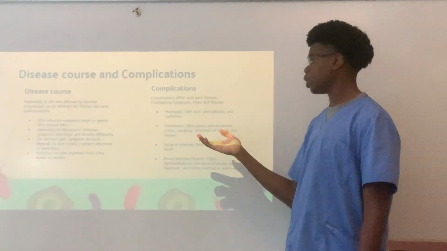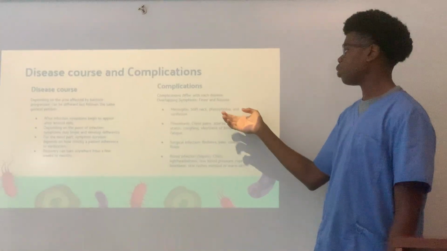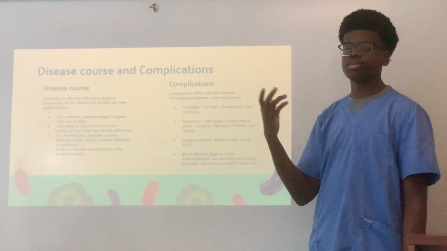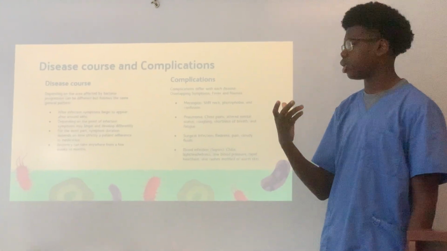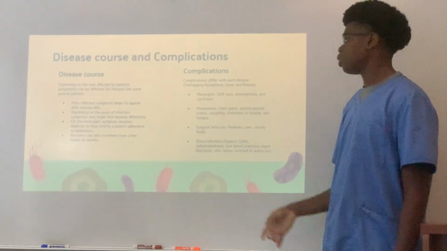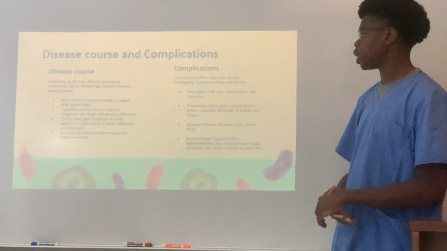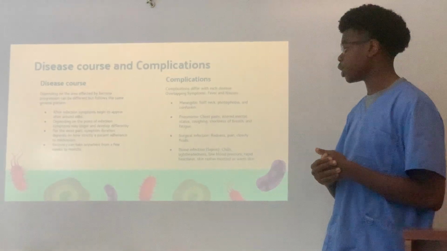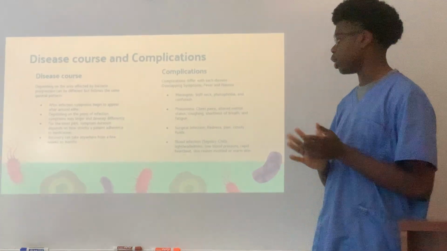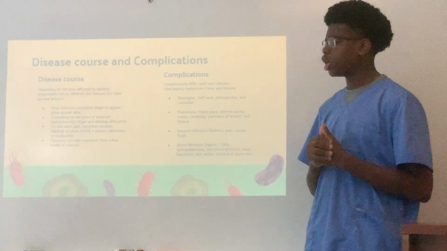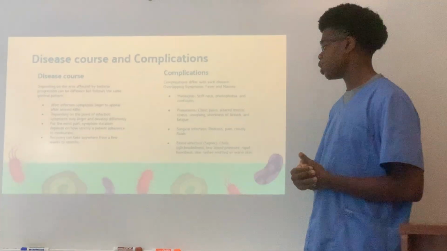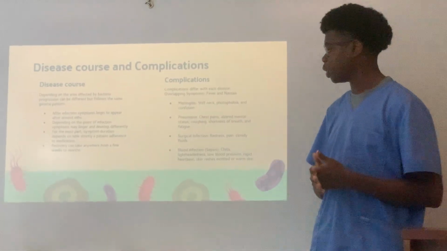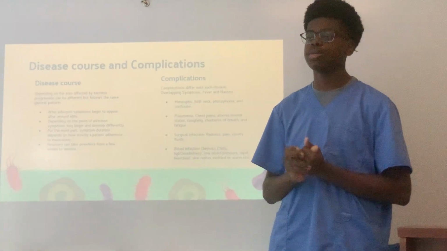For meningitis specifically, there's a stiff neck, photophobia, which means that when they see light, they get a little dizzy, a little nauseous, and confusion. For pneumonia, it's chest pains, altered mental status, coughing, shortness of breath, and fatigue. For a surgical infection, it's redness, pain, and cloudy fluids coming out of pores. For a blood infection, there's chills, lightheadedness, low blood pressure, rapid heartbeat, skin rashes, and mottled or warm skin.